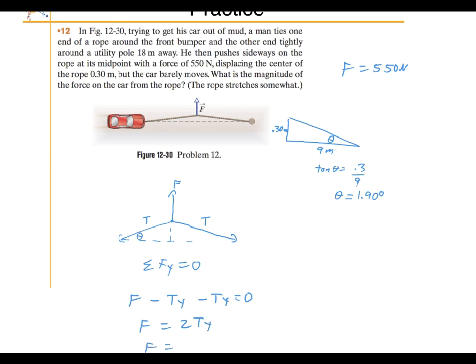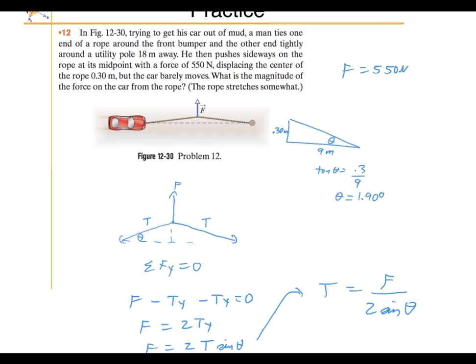So Ty is just going to be T times sine theta. So solve this for T. T is going to be equal to the force over 2 sine theta. So we plug in 550 for the force, plug in 1.9 degrees for the angle, and that gives us 8,300 newtons is the tension that he's able to exert on the car by pushing on that rope upwards.